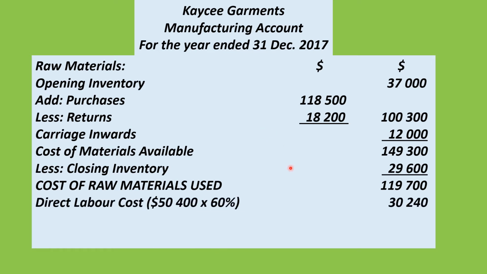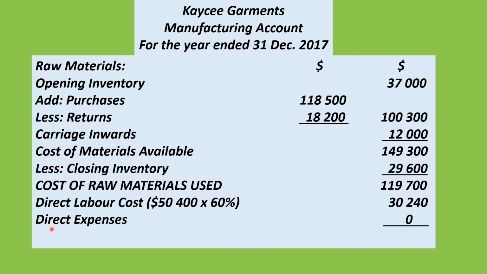We add to that the direct labor costs. We are told that 60% of the wages is direct labor costs, so we multiply it by 60% and we get 3,240.